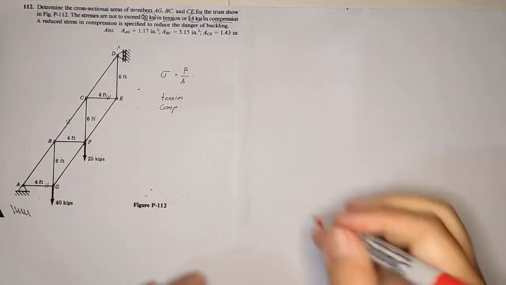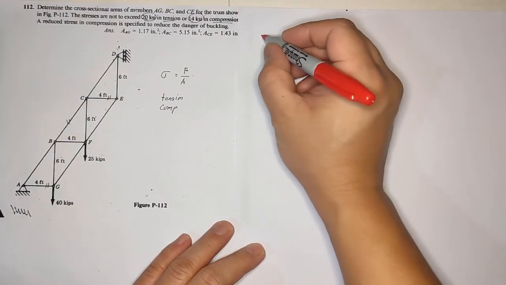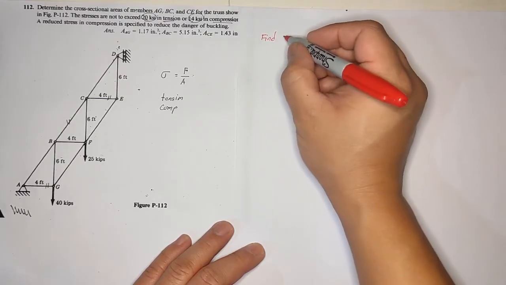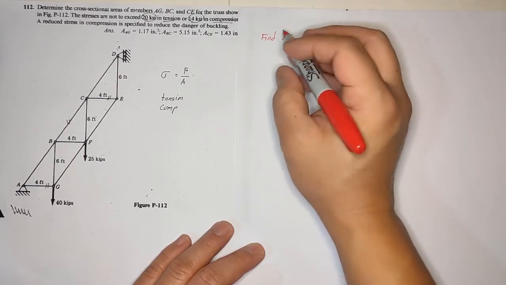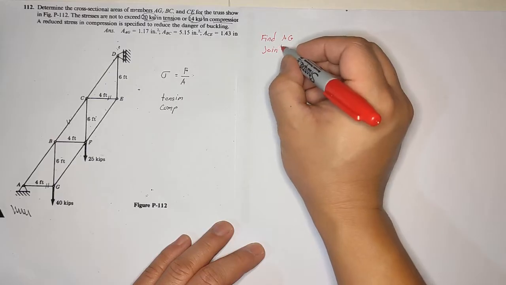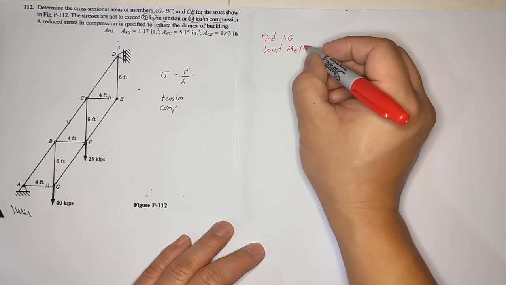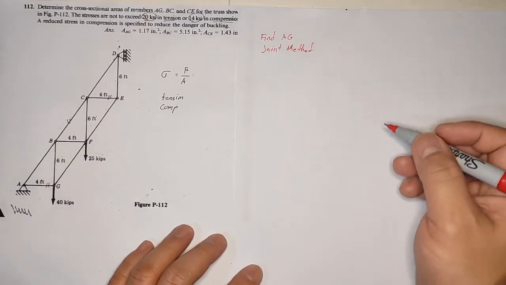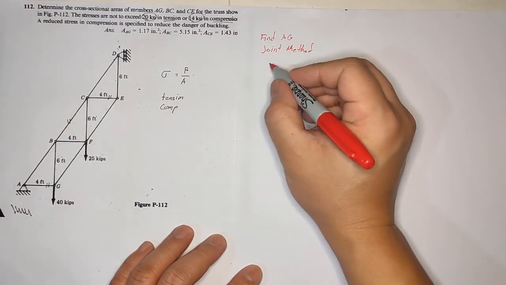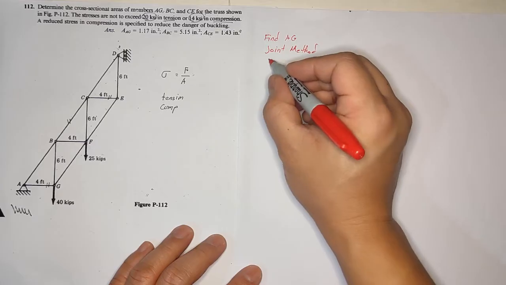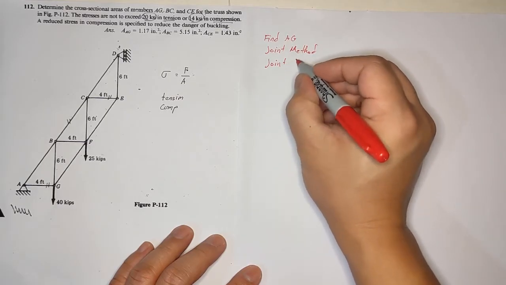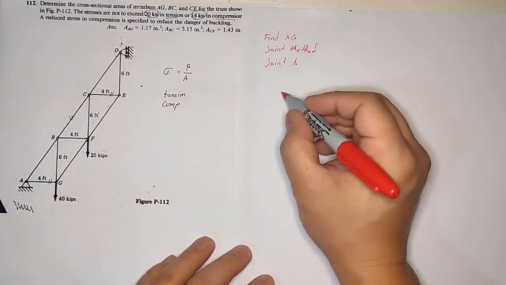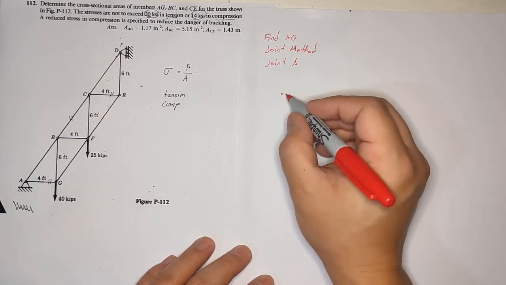Let's find AG using the joint method at joint A. Joint A is this one.